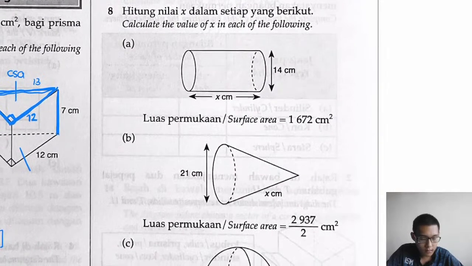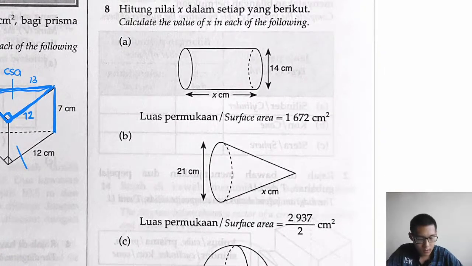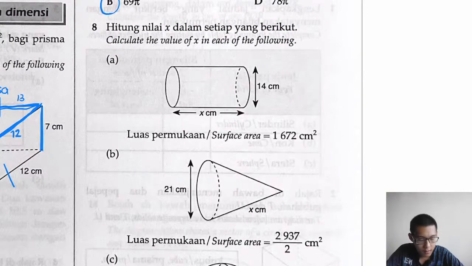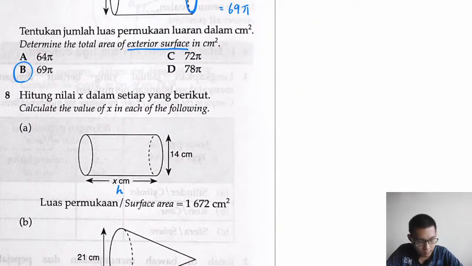Calculate the value of x in each of the following. Here, calculate the value of x, or the height. Let's say we have x cm is the height. The total surface area is 1672.